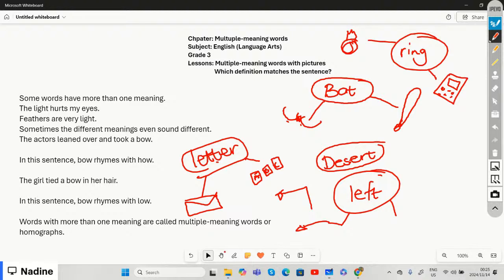So a ring is I'll call you later. Oh, yes, there's a third one. Or when you ring the bell, when you go and ring the doorbell instead of knocking on the door.